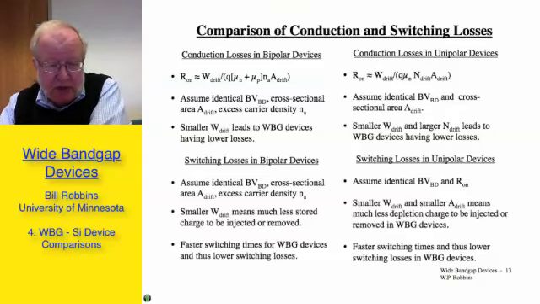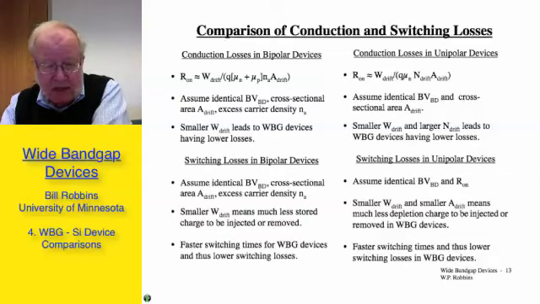Similarly for the switching losses in bipolar devices, let me go to the right here and talk about the conduction losses in unipolar devices. On-state resistance, which we've already looked at, I'm putting up here again for purposes of discussion. If we assume the same breakdown voltage and cross-sectional areas, we're going to have smaller drift region lengths in the wide bandgap devices and thus lower on-state losses.